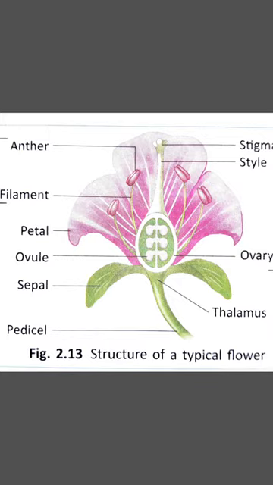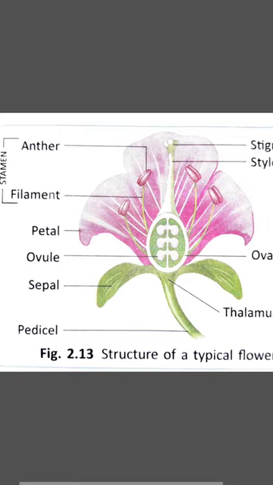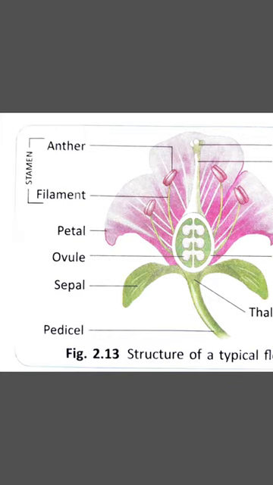In the stamen, the bilobed structure is called the anther, and the long cylindrical structure is known as the filament. Both together make the stamen, and it is the male part. In the anther, the male gametes are there.